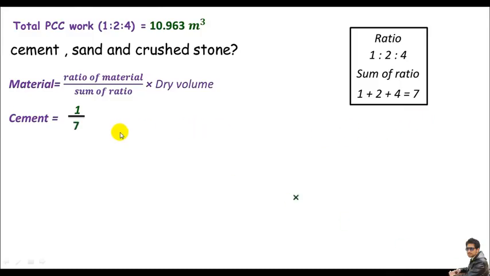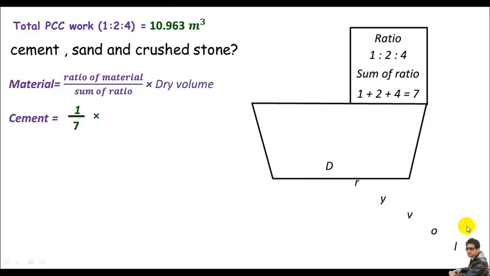Now the dry volume is a little challenging here. Let me solve this one here. The dry volume is the wet volume times 1.54, which is 54% more than the total volume. So I can plug the total PCC work volume into this equation.